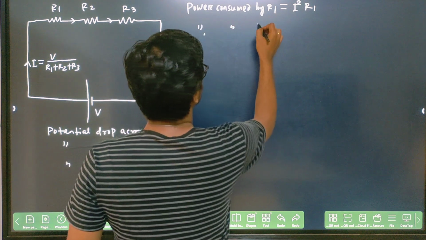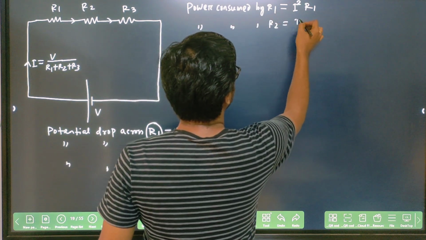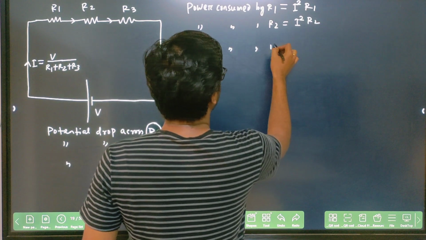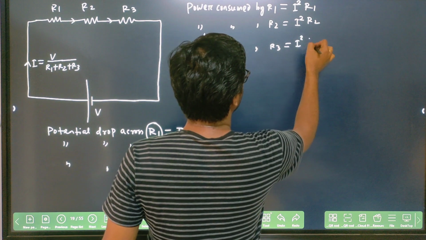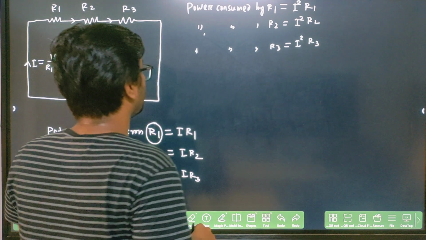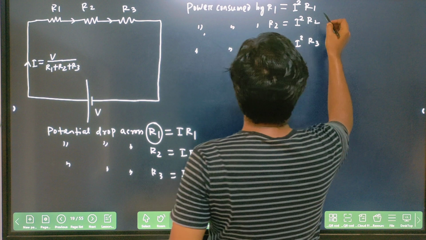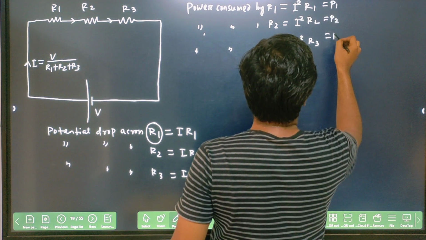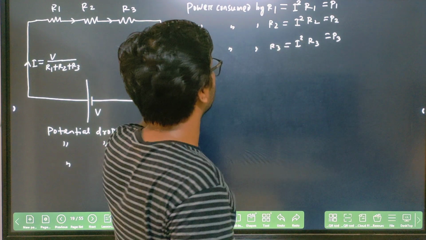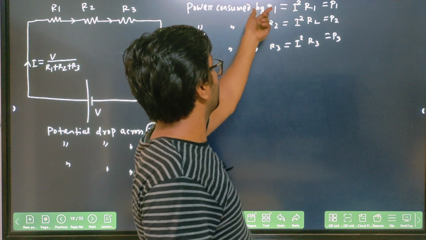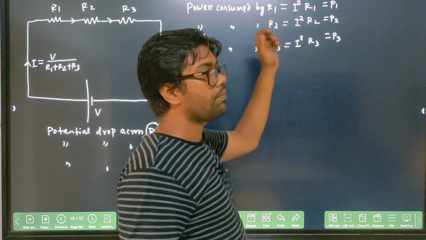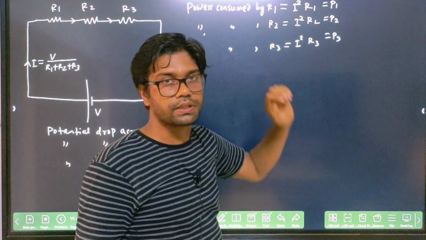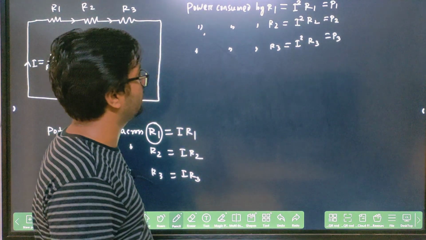Similarly, power consumed by R2 will be I square into R2, and by R3 will be I square into R3. You can write these as P1, P2, and P3. Clear?